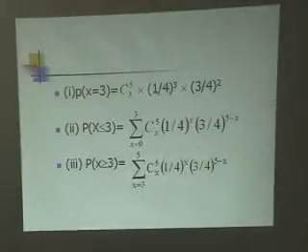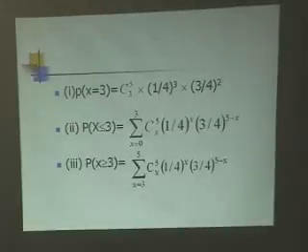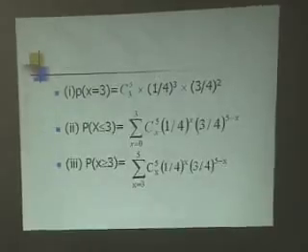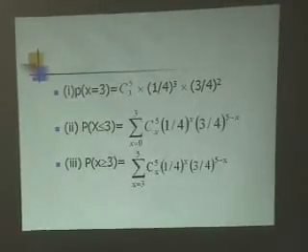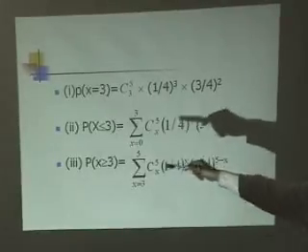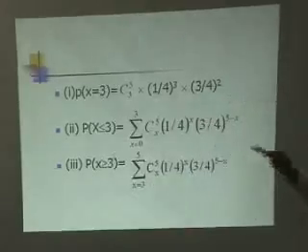For all the cards you get, you either get a heart or not. The number of hearts is x. Then what is the number of not hearts? It is 5 minus x. So here you have x, and here you have 5 minus x.